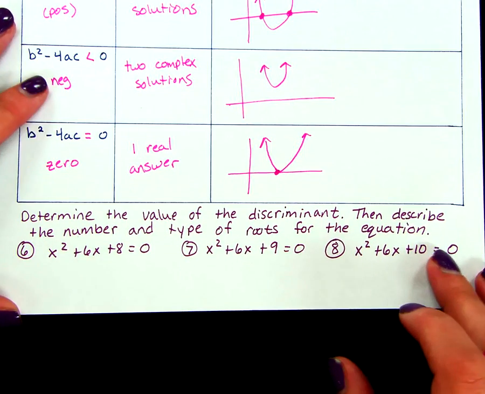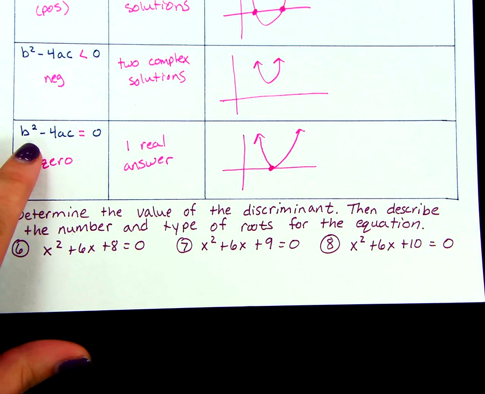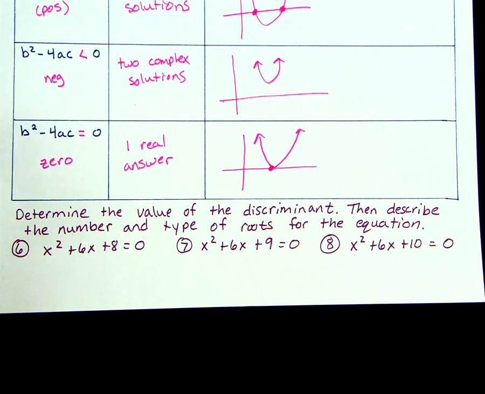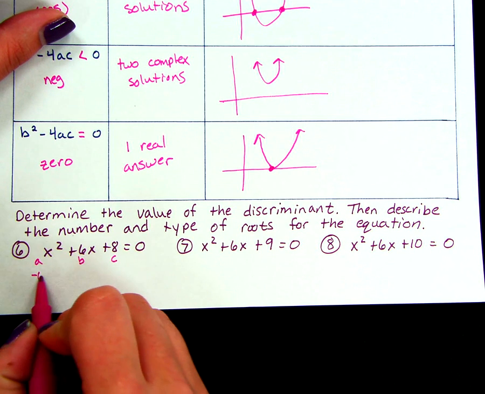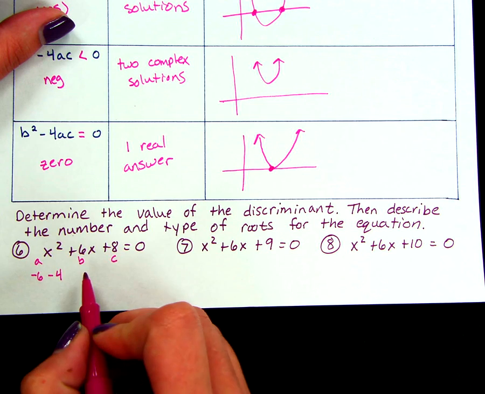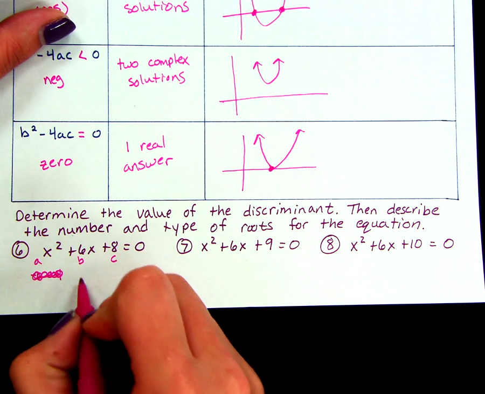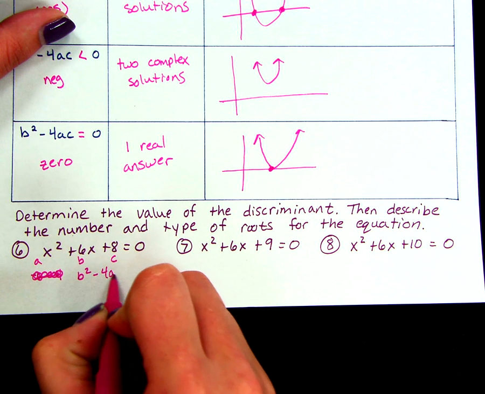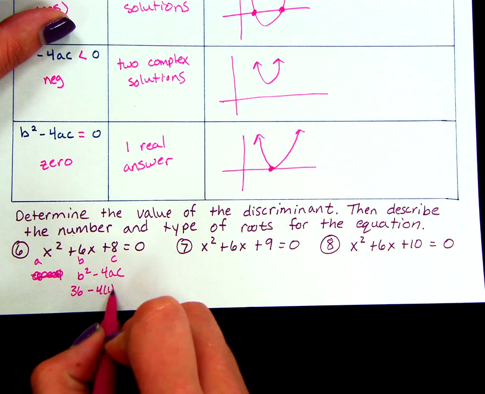So if we take a look at the last set of problems, it is asking us to determine the value of the discriminant, then describe the number and type of roots for the equation. So for this, we only care about the b squared minus 4ac. So again, it's a, b, c. So b squared is 6 squared, which is 36, minus 4 times 1 times 8.